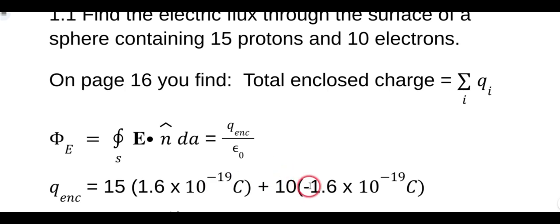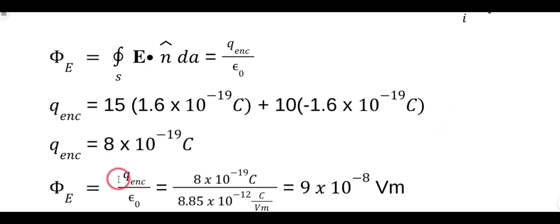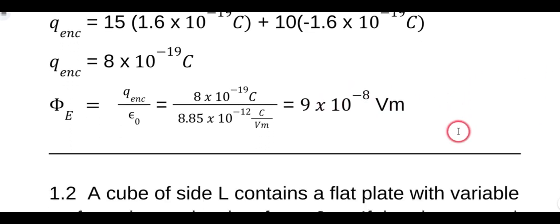You have 10 negative charges. You take the products, you add them together. Now you have the total enclosed charge. He wants the flux, so you divide it by epsilon naught, and you get this number. Okay, so that was kind of boring.